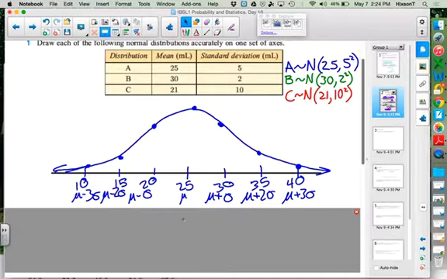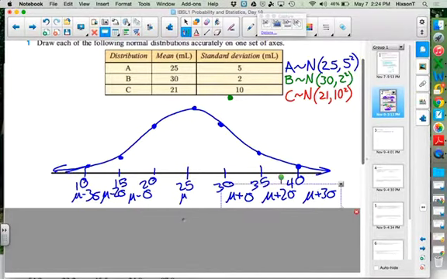If I were to sketch B, where would my highest point be? At the first. Third. Yeah, at 30. Okay, so let me get rid of that, it's going to be different now that we're dealing with a different one.